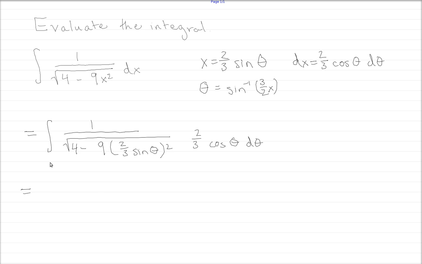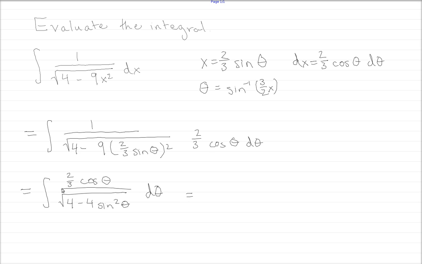I'm just going to pull the cosine up on top here, so I have 2/3 cosine theta on top, and then I'm going to simplify my square root here, so I've got 4 minus, and we chose this fraction so that when we square it and multiply by 9, I'm going to get 4 sine squared theta d theta. We're taking the integral still.